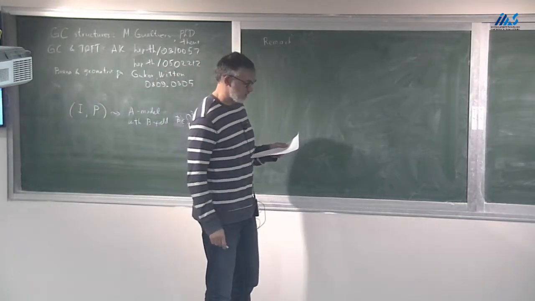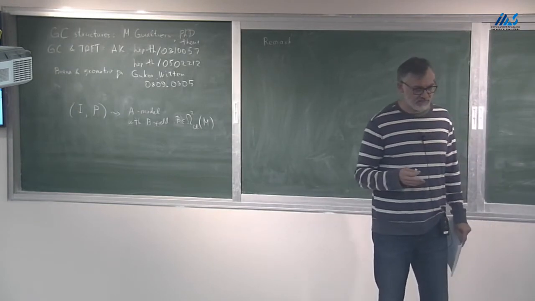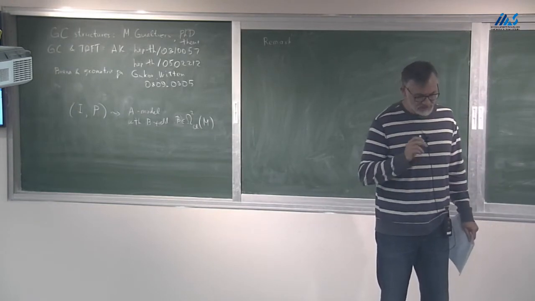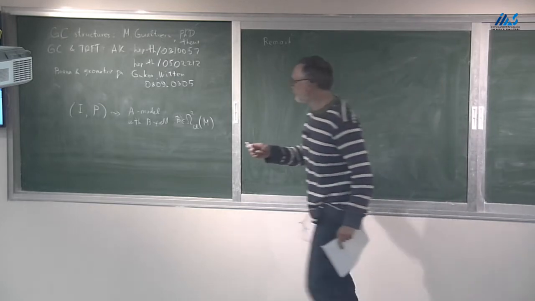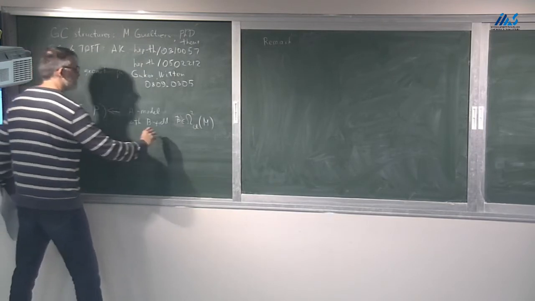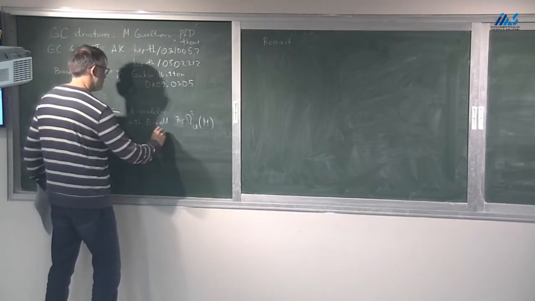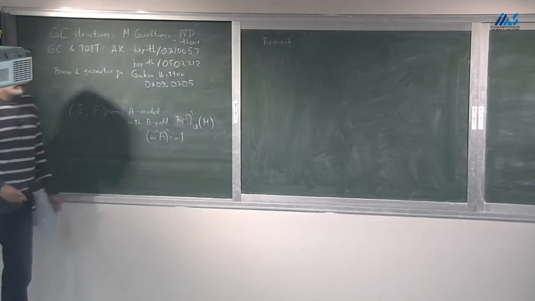But this is when P is non-degenerate. This is the case when omega inverse B is supposed to be a complex structure, B is non-degenerate. Maybe I should say it the other way around: in the case when omega inverse B is an almost complex structure.